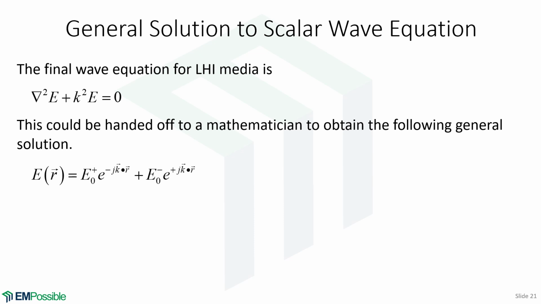So the solution to the wave equation is complex exponentials. In front of the complex exponential is a complex amplitude, so it could affect the magnitude and phase of the wave. And then we have the complex exponential itself, which is describing the oscillation of the wave. The positive superscript is indicating that this corresponds to the forward wave.